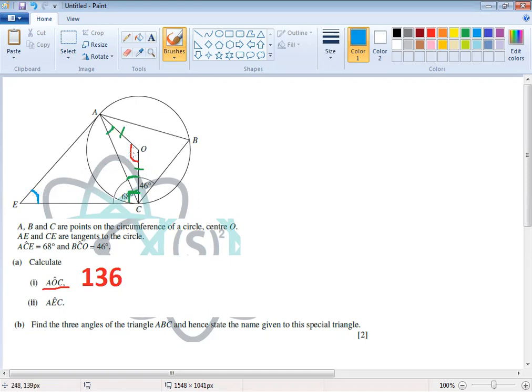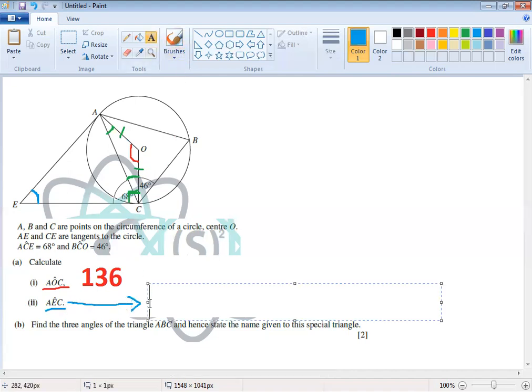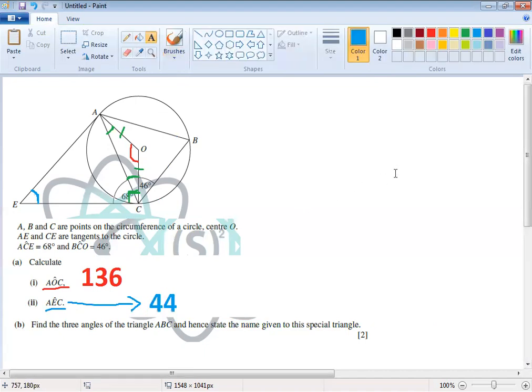I already know O. Subtract 136 from 180, you get AEC. What is AEC? I'm looking at the kite AOCE.